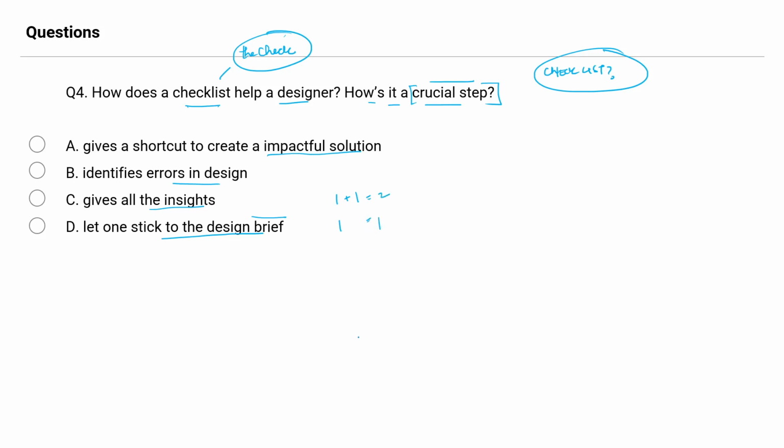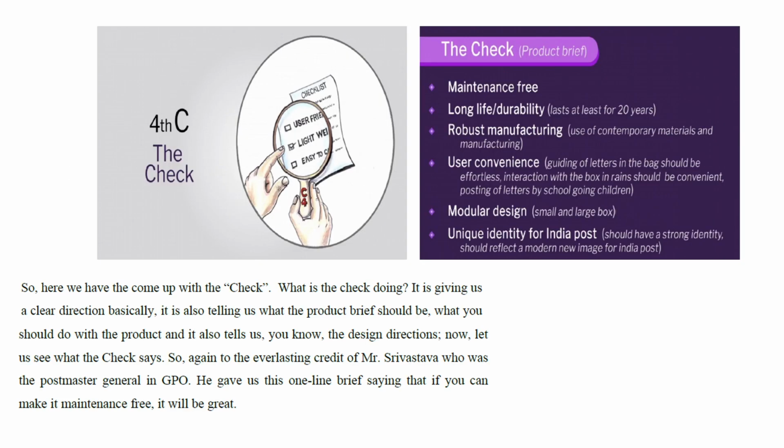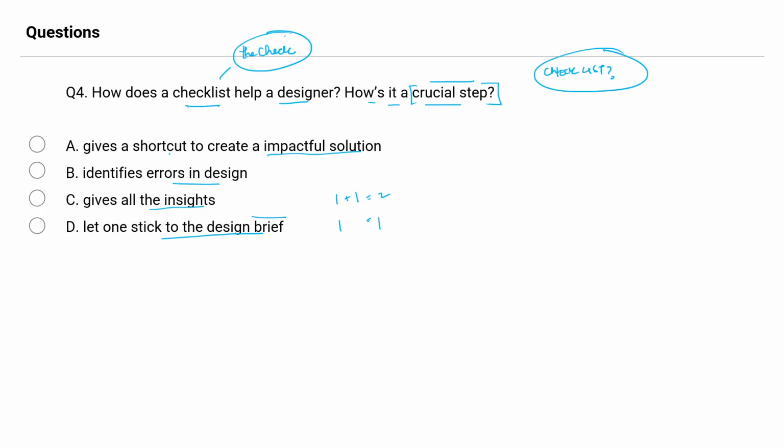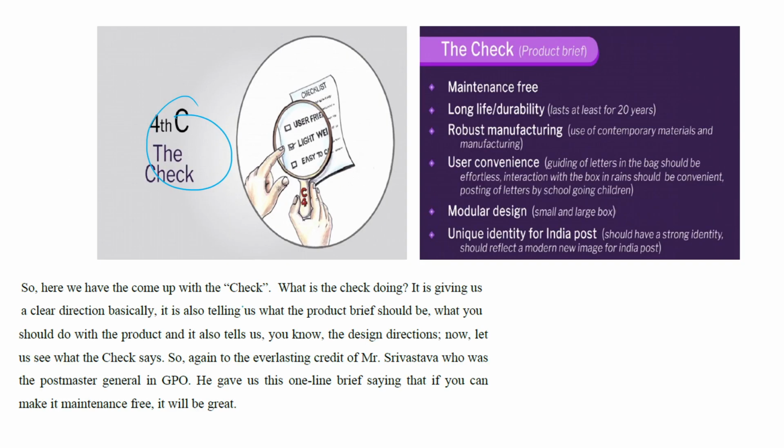Okay, let's see what is the correct answer. We are talking about check. The options given to us were shortcut to impactful solution, identifies errors, gives all insights, and lets one stick to the brief. So here we are talking about the check. It is giving us a clear direction. Basically, it's also telling us what the product brief should be, right?